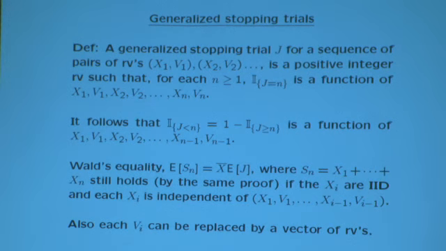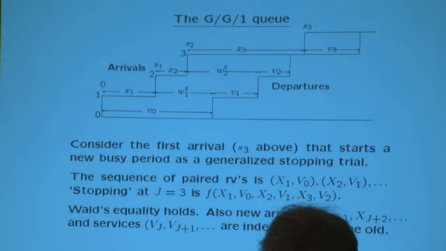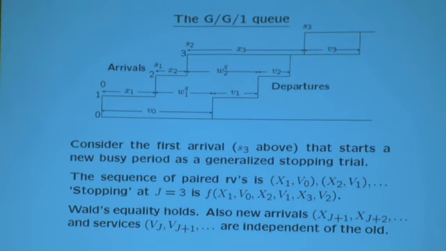And in fact, they can be anything at all, just so long as you have this condition that each Xi is independent of all these past things here. Okay. Okay, so we said that Wald's equality holds.